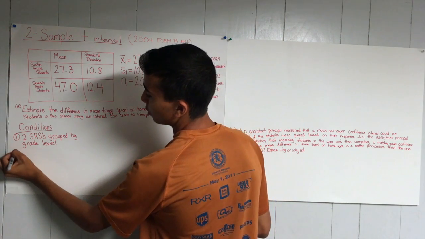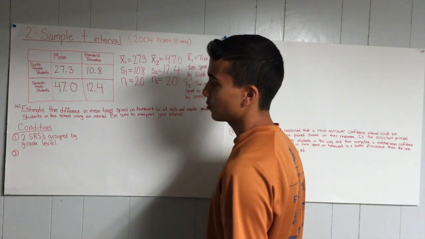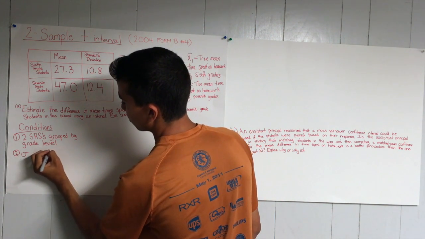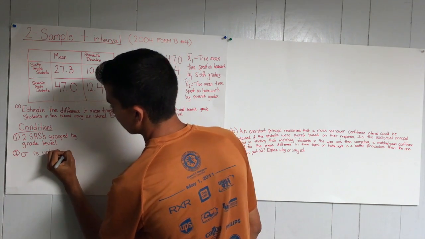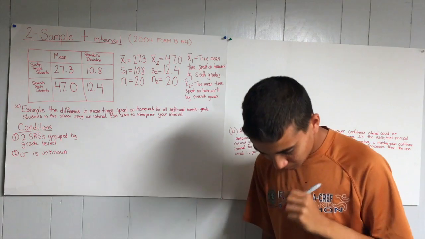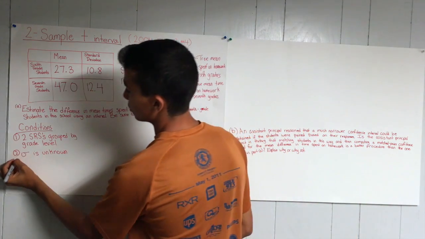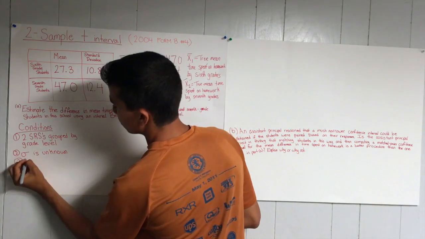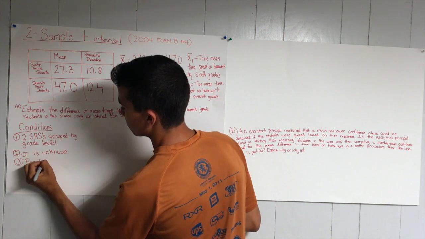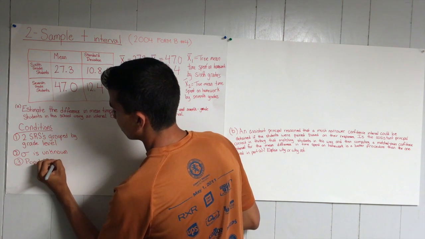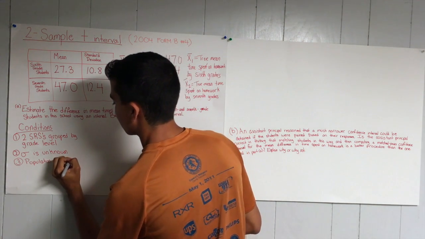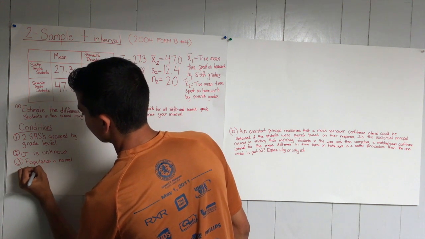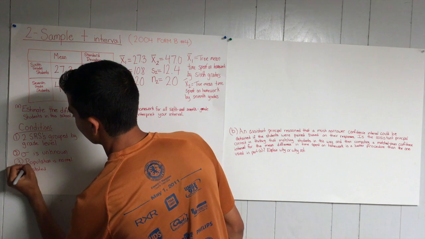The second condition is an optional condition for t-tests, but it's recommended that you write it, that the population standard deviation is unknown. Third condition, it's stated in the problem that the population is normal, so you could say population is normal, as stated in the problem.